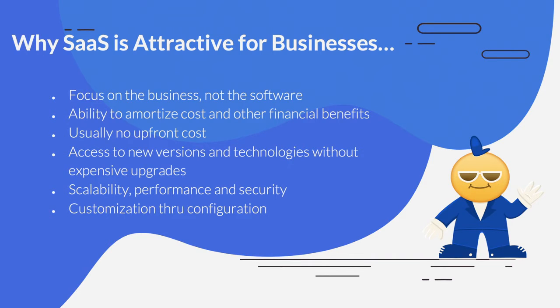Amortization is an interesting concept, right? From a cash flow perspective, it is extremely beneficial for businesses. But most of the time, if you look at the overall operational cost over a 3 to 5 year horizon, you may say, well, SaaS is more expensive, so let's go develop it.